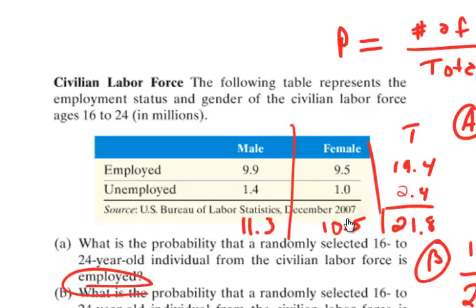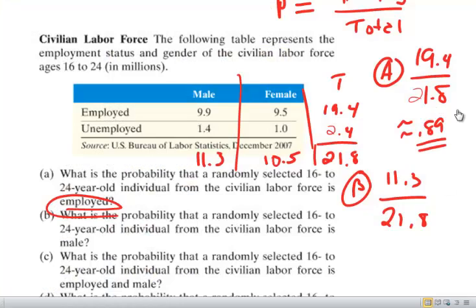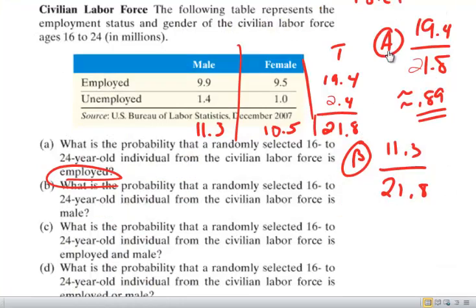I'll let you divide that on your own. Part C: the probability that a randomly selected individual is employed and male. What are the number of successful outcomes here? How many are employed and male? Right, 9.9. So it's going to be 9.9 divided by the 21.8.